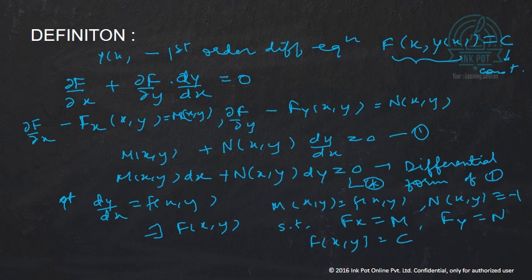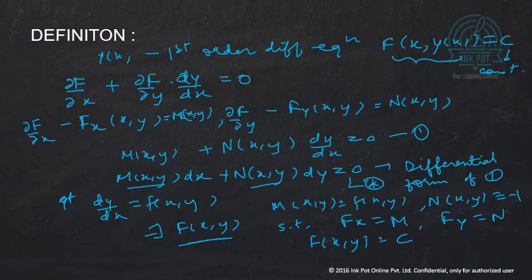In this case the equation given by star is called an exact differential equation. So if there exists such a function, we call an equation in this form an exact differential equation.